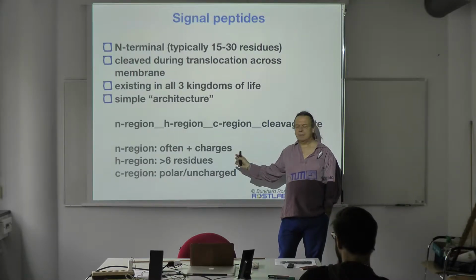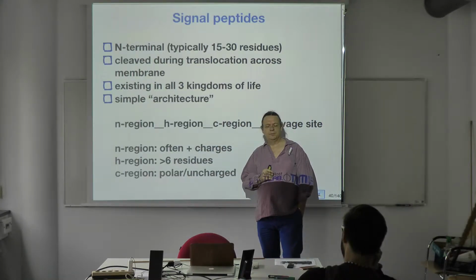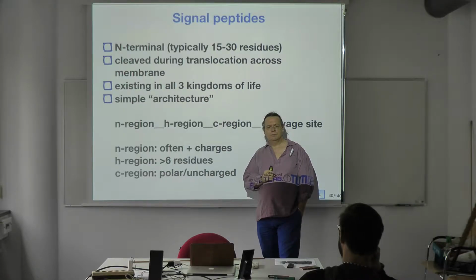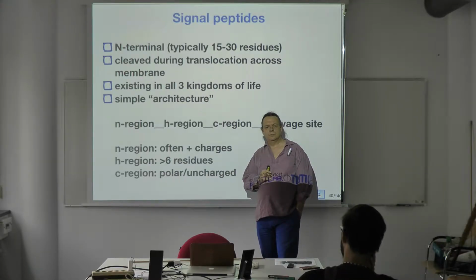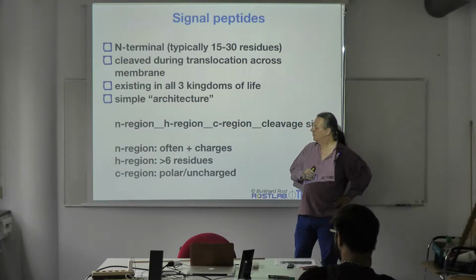You want to predict signal peptides? This is what I give you. Yeah? Oh, well, you know which amino acids are polar or charged in a way. And if you have a region that is something different, like nonpolar and not charged, and is at least 6 residues long, then you know it's the H region.